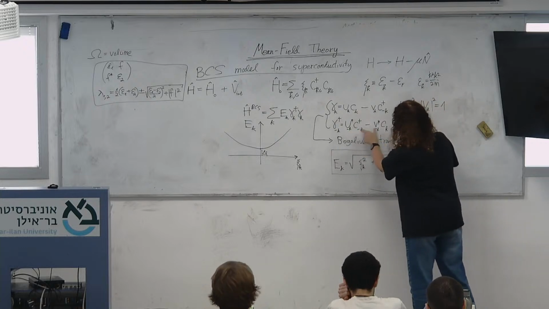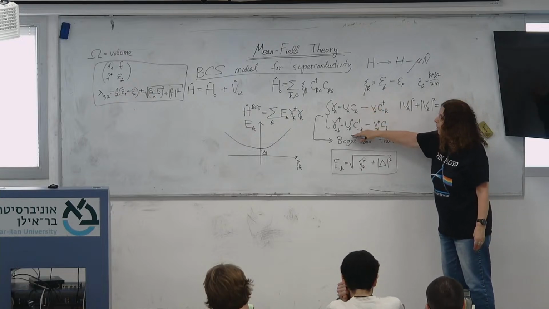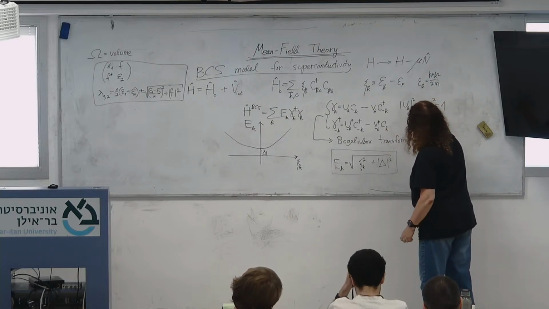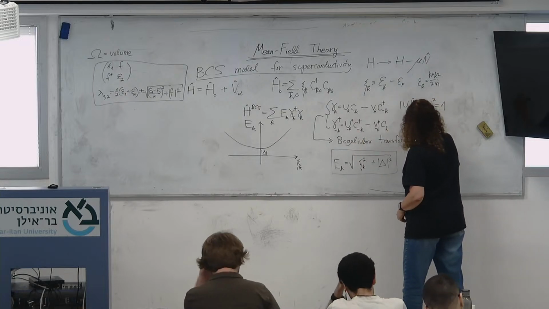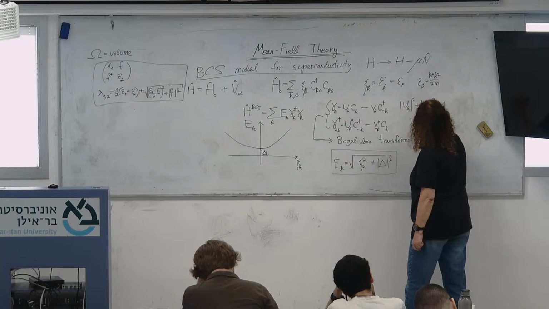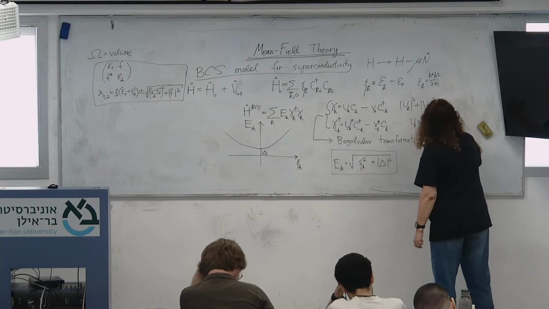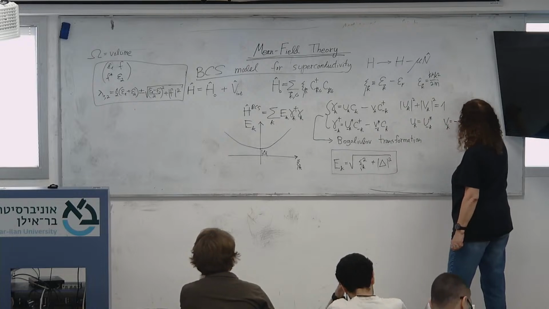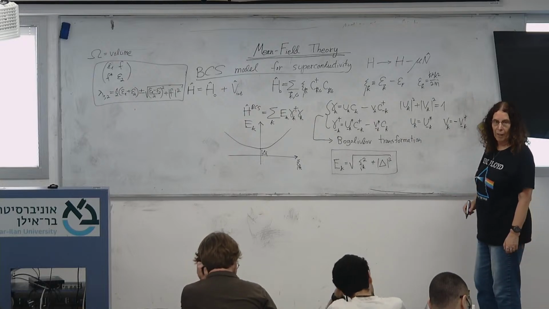This is just from the definition; it's the same sign. I can define it, so I can show that u_k equals u minus k star, and v_k equals minus v minus k star. And why then is it true?